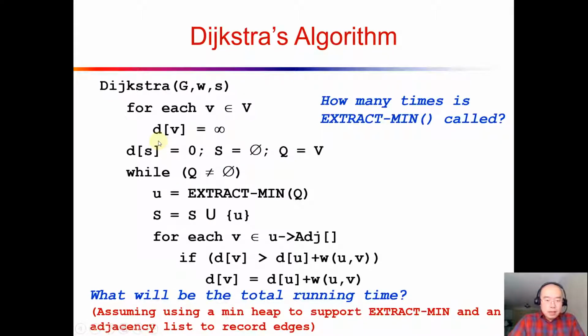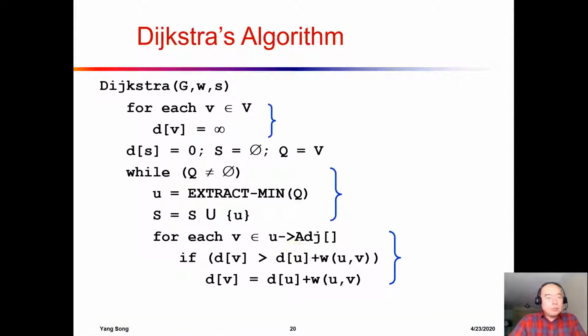And we are using an adjacency list to record each of the edges. Remember, we have two options: the adjacency matrix or the adjacency list, and usually the adjacency list performs better. So we are assuming we use the min heap to record the d values, and the adjacency list to record the edges.